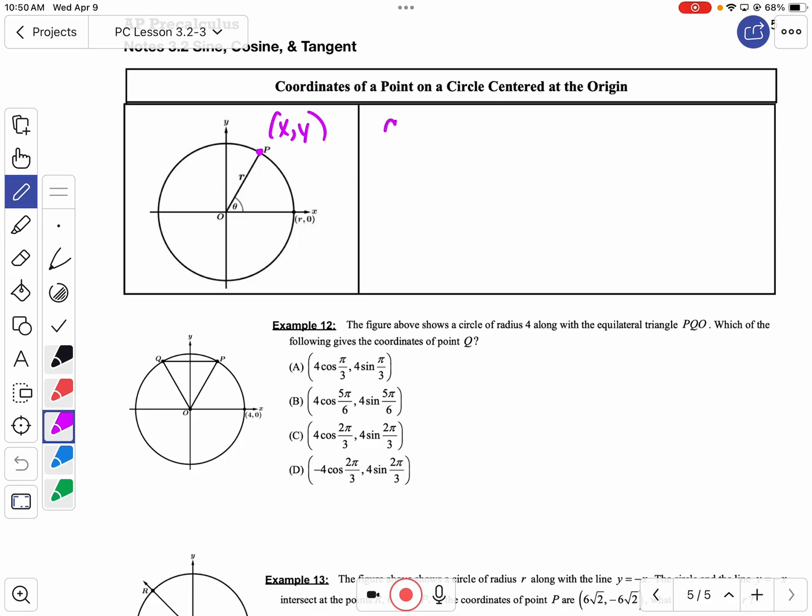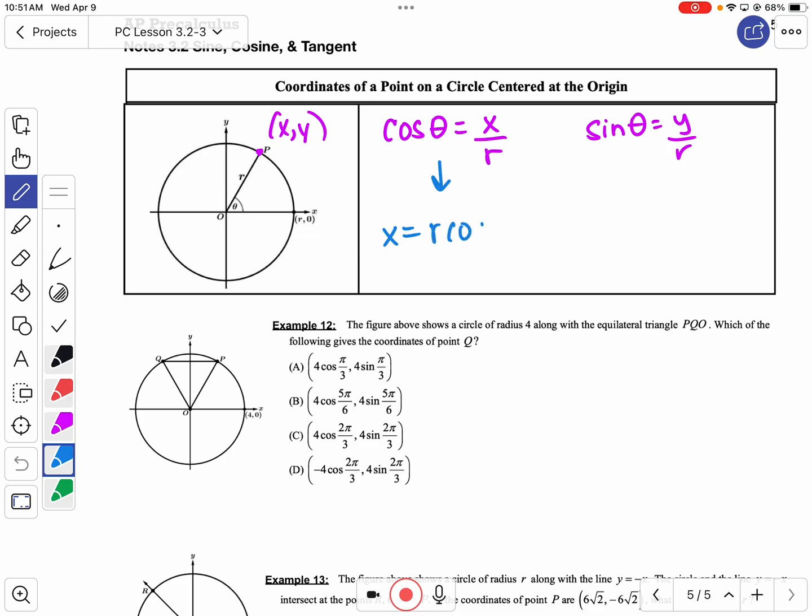On our unit circle, or on our circle earlier, we said cosine of theta was x over r, and that sine of theta was y over our radius for any circle. So basically what I want to do is just solve for x. If I solve for x in that first relationship, what would I get? What would x equal? How would I get x by itself?